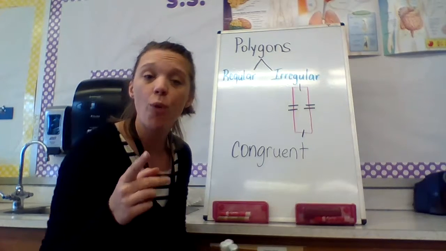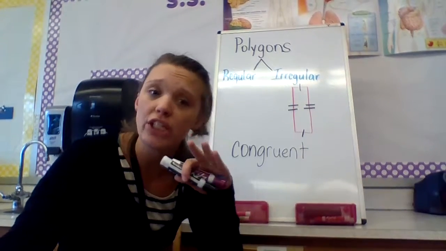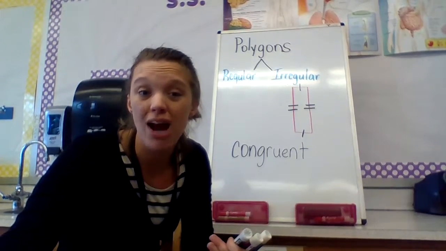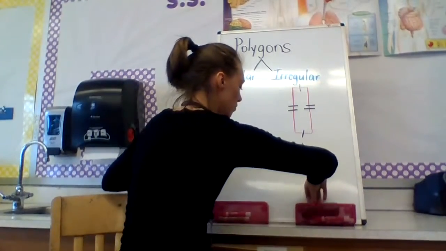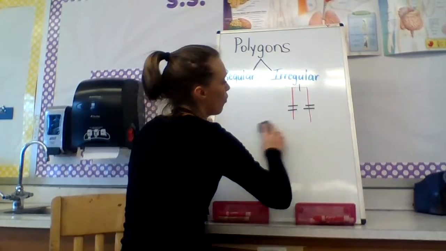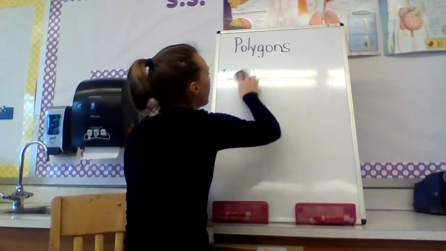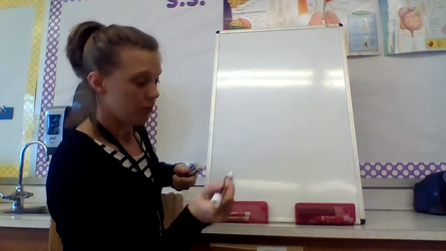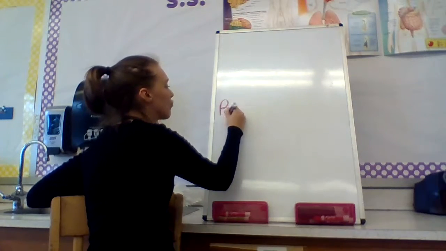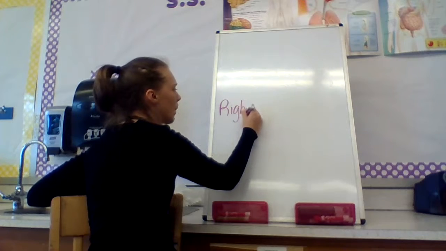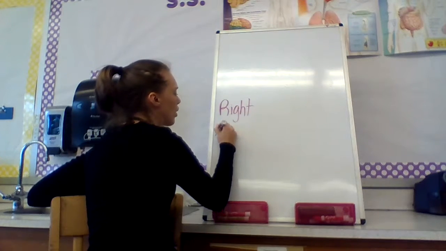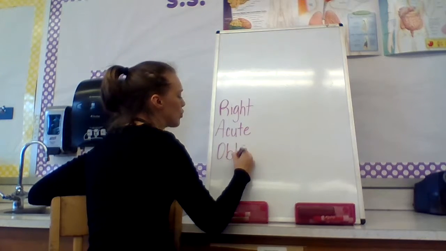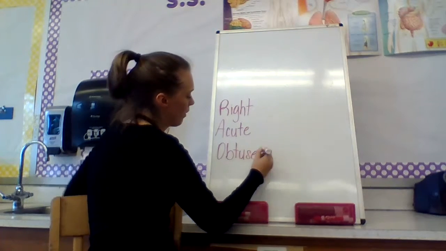The second bit of your homework, I sent home a little cheat sheet that you can reference to help you with classifying your triangles tonight. So when we classify triangles based on their angles, we're either going to have a right triangle, an acute triangle, or an obtuse triangle.